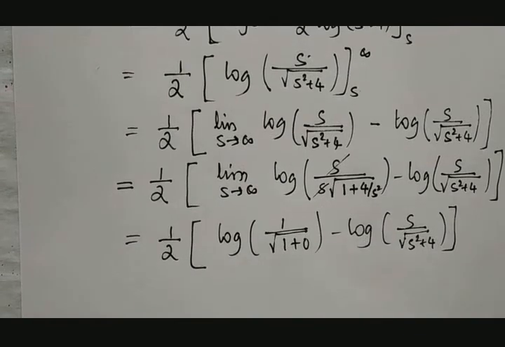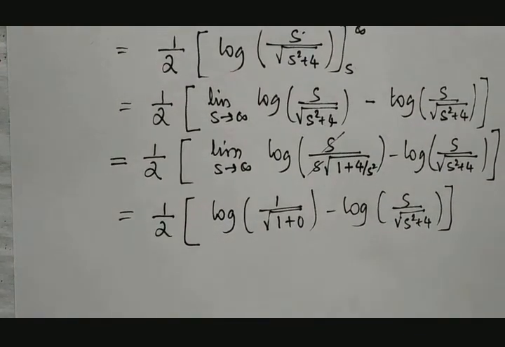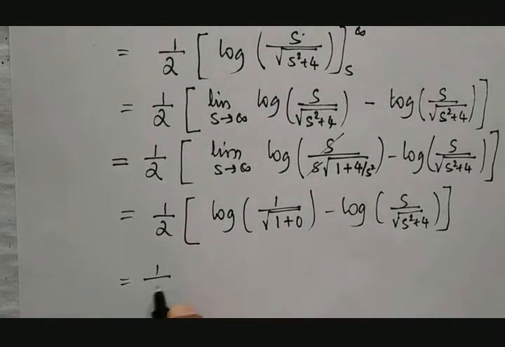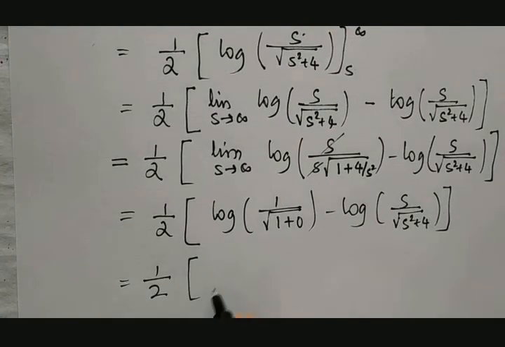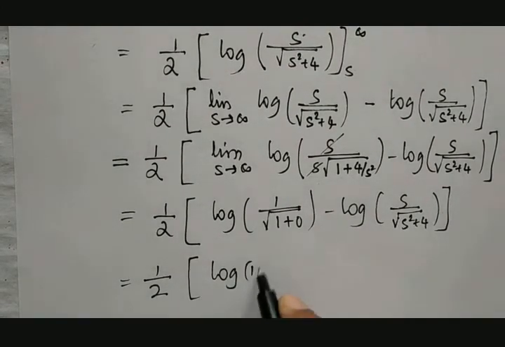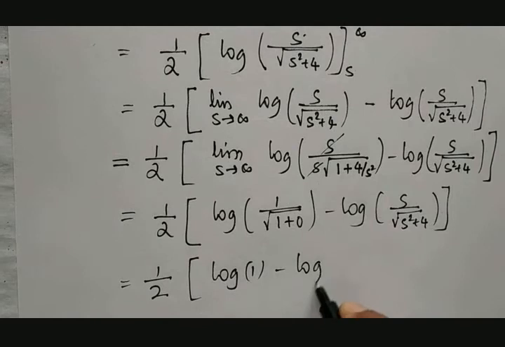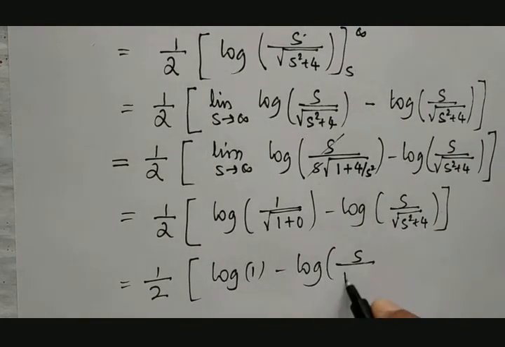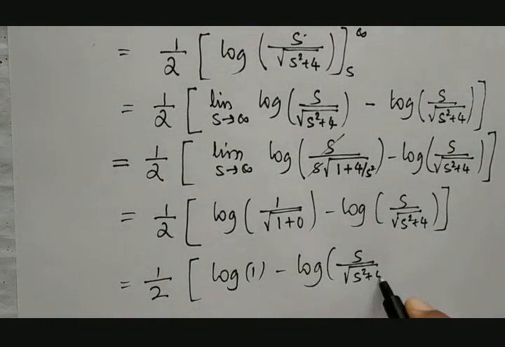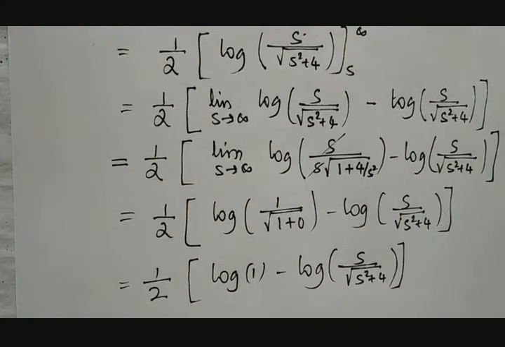Therefore this is equal to 1 divided by 2 into logarithm of 1 minus logarithm of s divided by square root of s square plus 4.